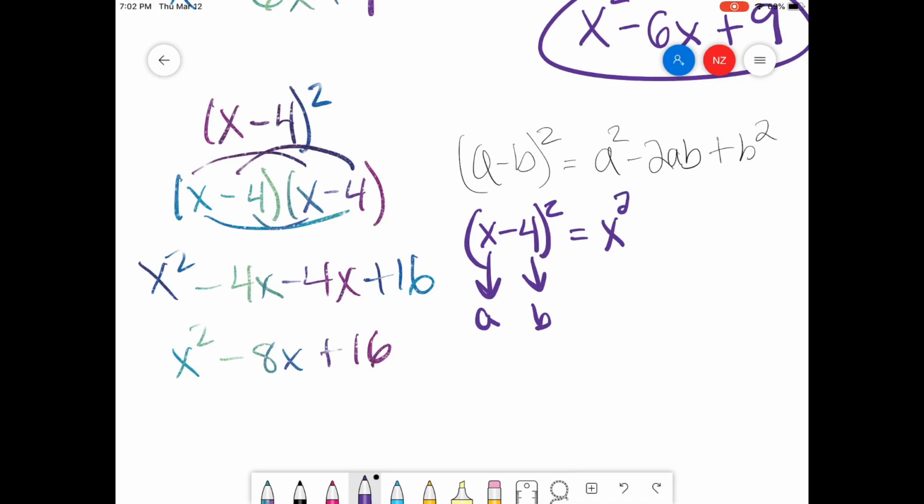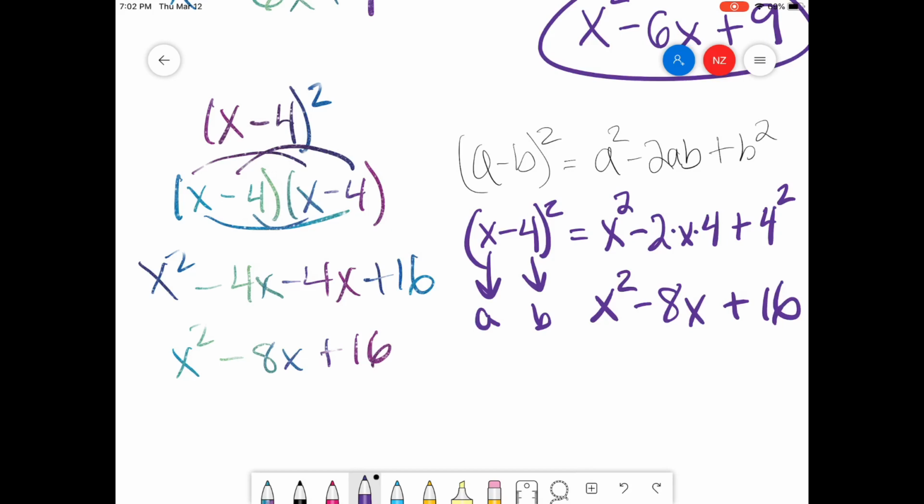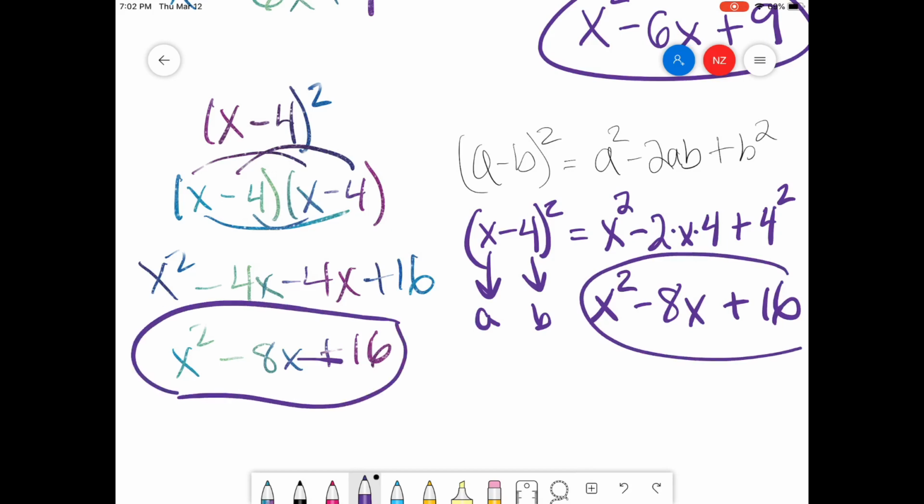A would be x squared minus 2 times a times b plus b squared. Clean it up, I would have x squared minus 8x plus 16. There's that same answer I got by FOILing.